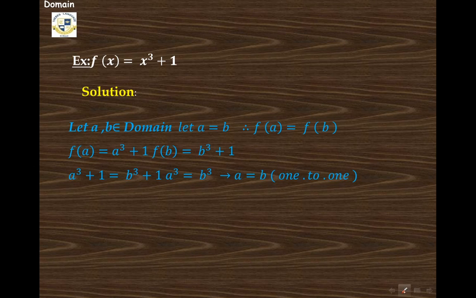I'll cancel positive 1 and the positive 1. Therefore, a power 3 equals b power 3. Then I'll take the cube root for both sides. Then a equals b. This is the final result. Therefore, the function is one-to-one function.